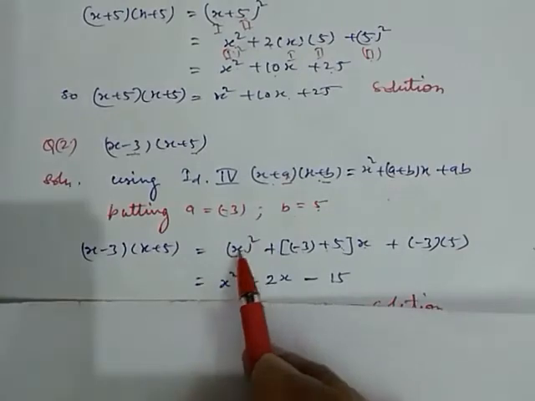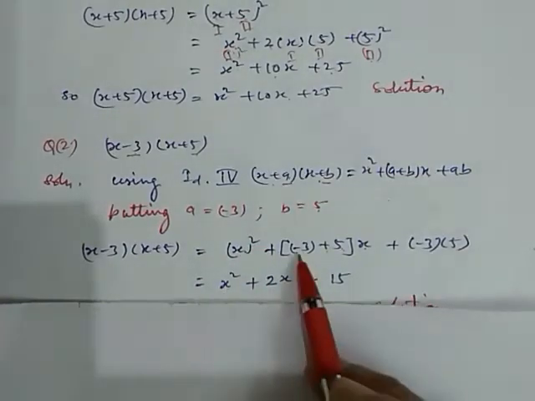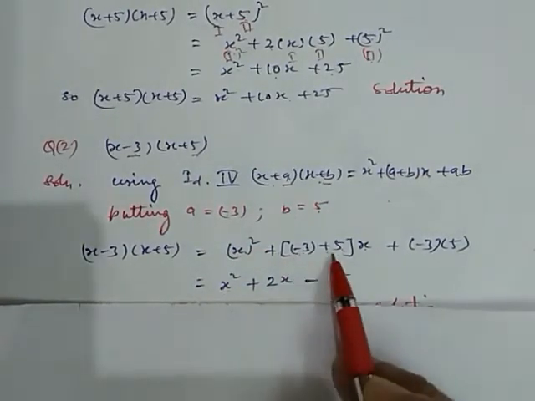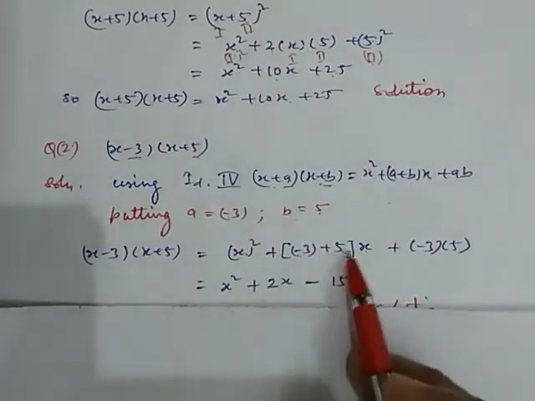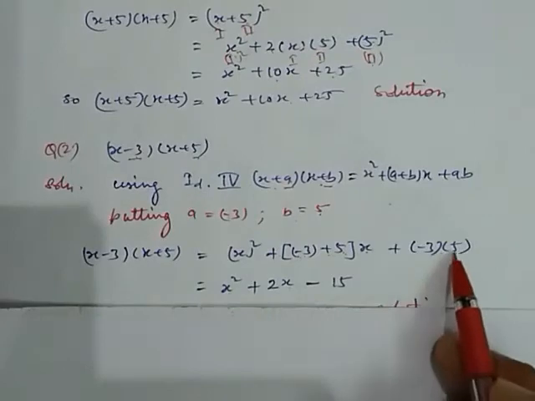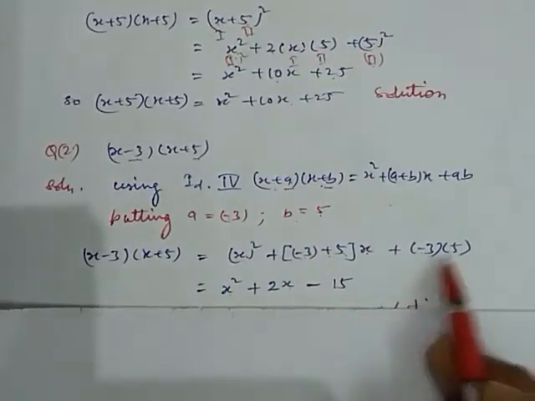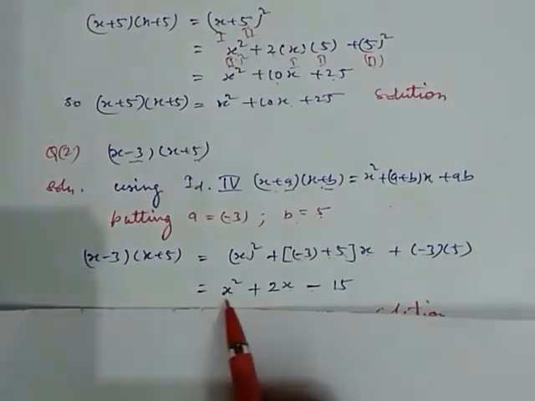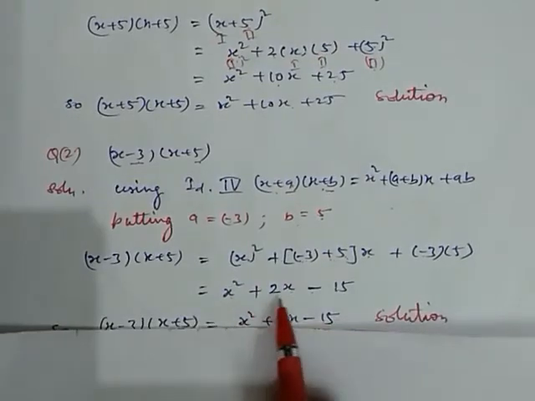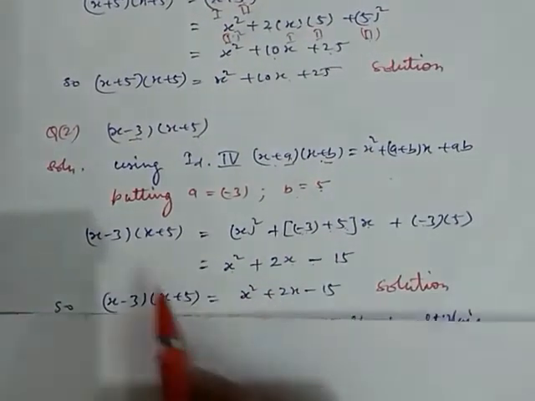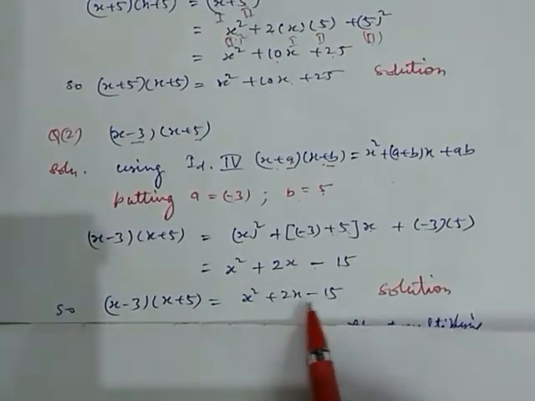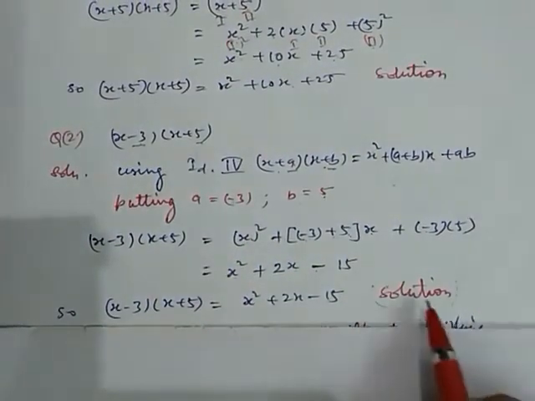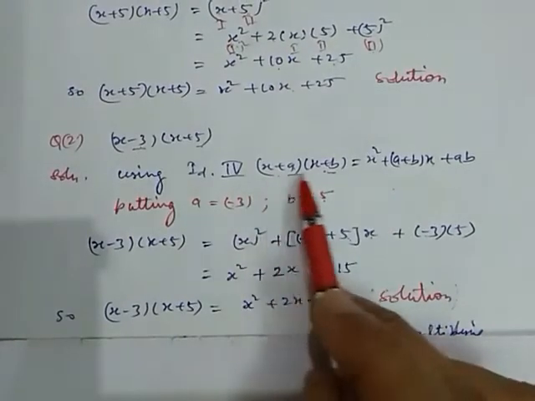Now x square, minus 3 plus 5, they have different signs, so subtracting 5 minus 3 gives 2, so this is 2x. 5 into minus 3 is minus 15, so put minus 15 here. So we get x square plus 2x minus 15. This is our solution by using identity 4.